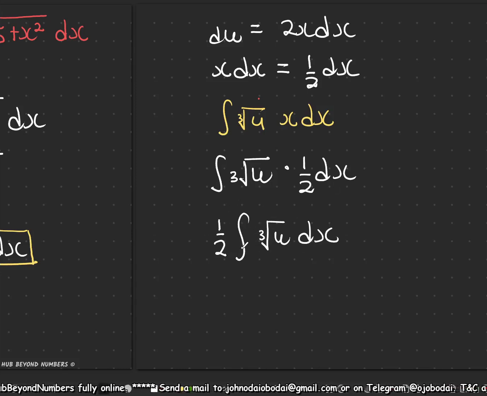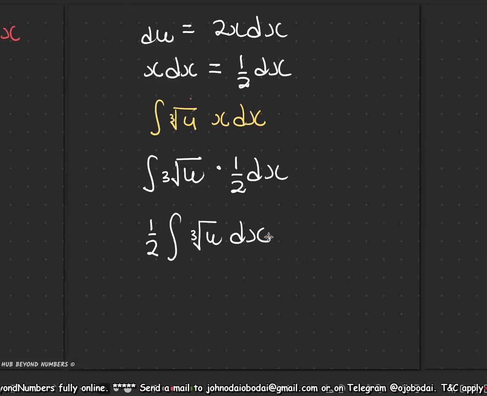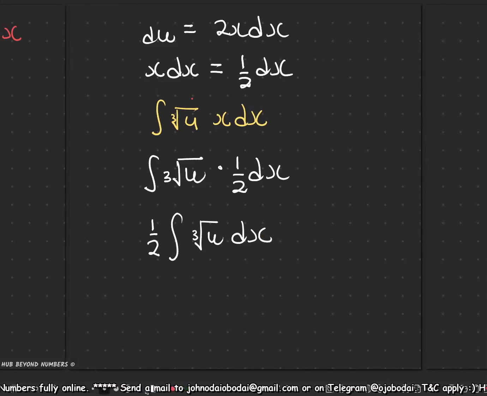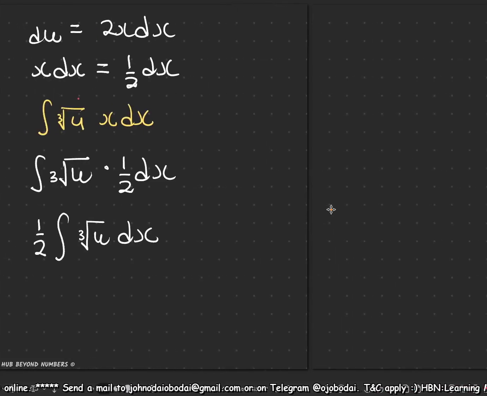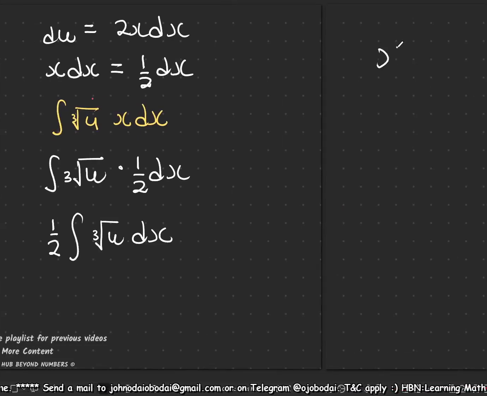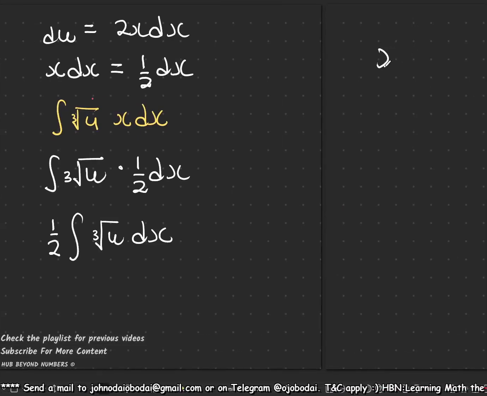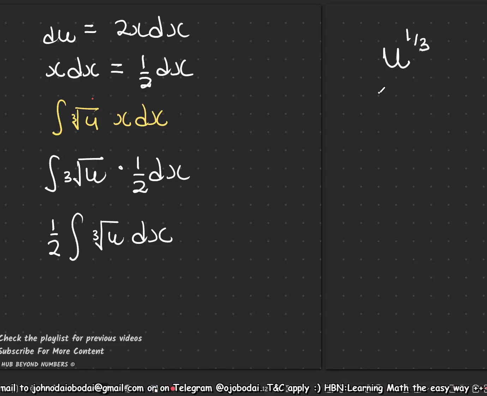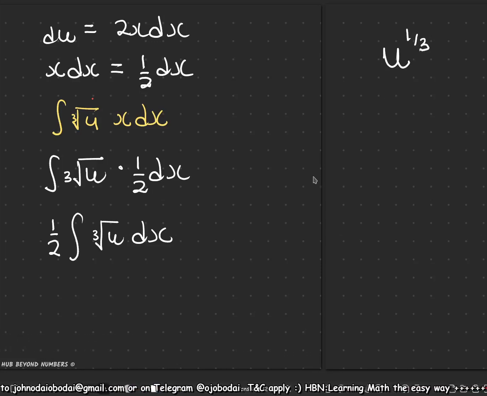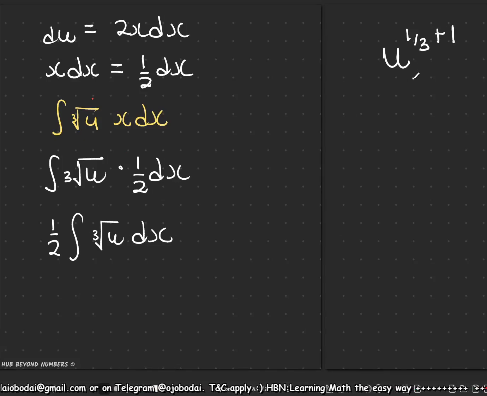So this here can be written as, let me get a new page. So it can be written as u raised to the power 1 over 3. You know, if you want to integrate this, we increase the power by 1, so plus 1, then all over our new power.